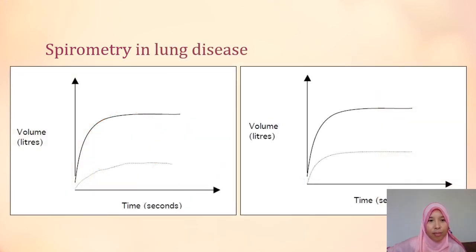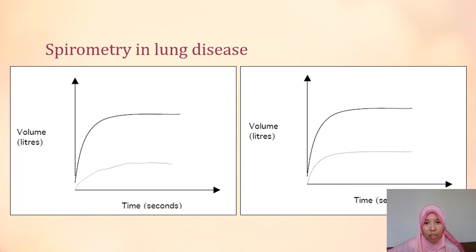All right, now this is the graph showing you how it looks like in lung disease. Remember, I talked earlier in the previous slide about restrictive lung disease and obstructive lung disease.